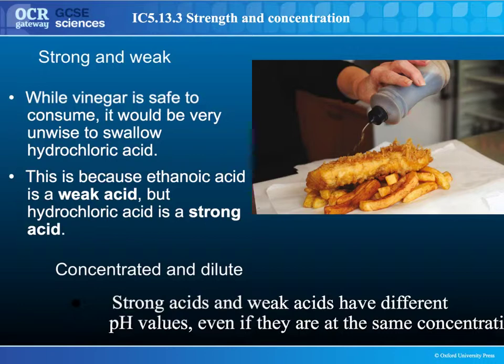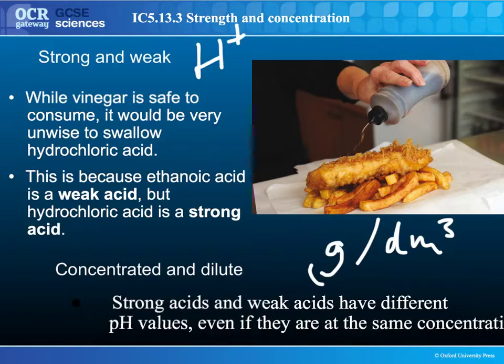Concentrated is how much of the compound is dissolved in the water, given in the normal units of grams per dm3. Whereas strong and weak is to do with the number and the proportion of free hydrogen ions contained within the acid, and that can be very different even for two acids that have the same concentration.